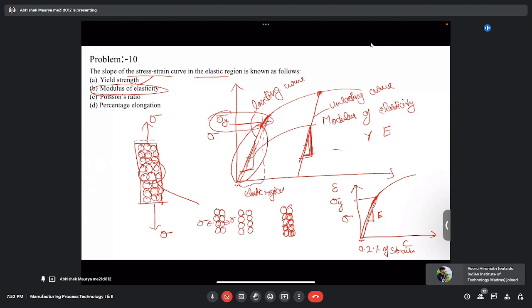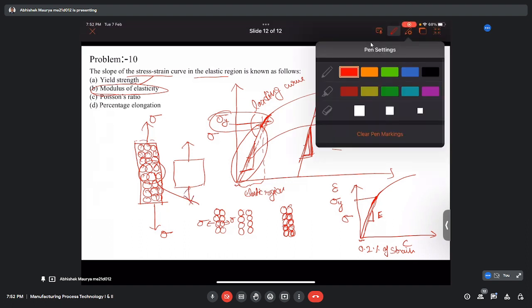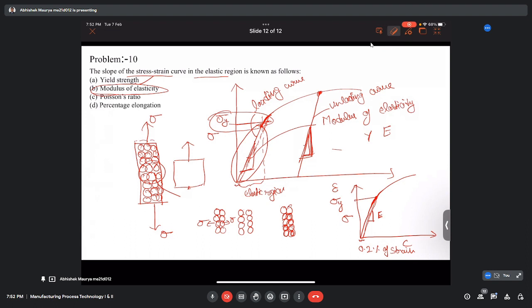And what is the Poisson ratio? It is defined for, if we have some planar material, and if we apply some load, then what will happen?